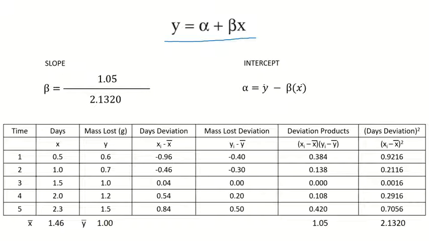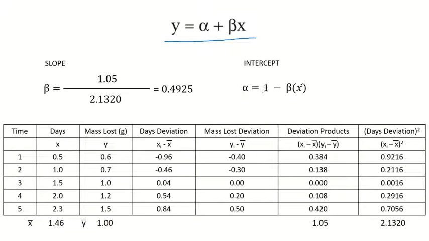Okay, so if we divide these two, we're going to get a slope of positive 0.4925. Okay, so this line is sloping or going up towards the right because it's a positive slope.